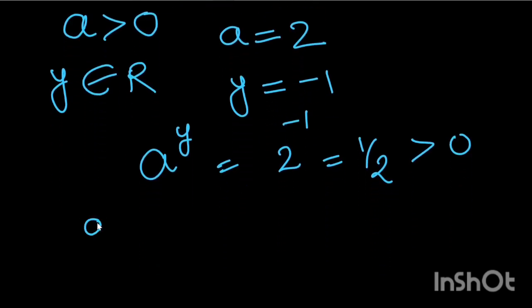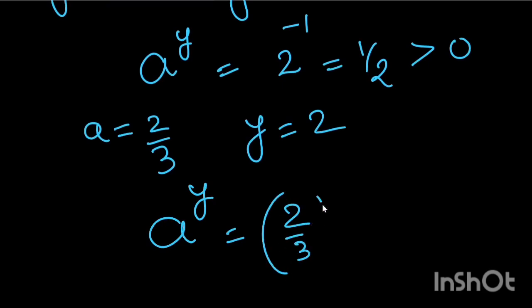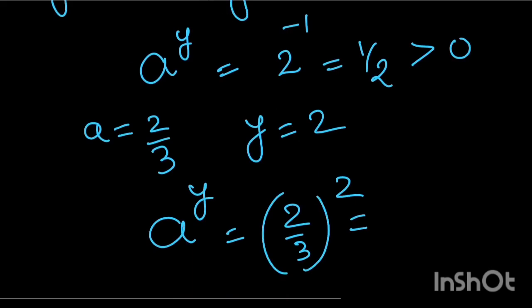Let's say a is equal to 2 by 3 and y is equal to 2. So a to the power y is 2 by 3 to the power 2. Okay. Y, I shouldn't take, let's take y some different number.